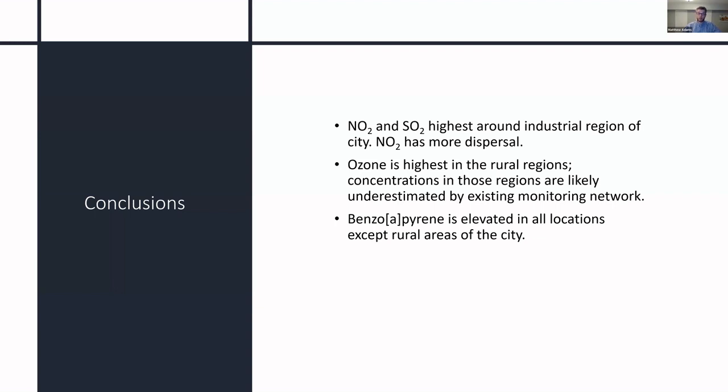Benzo[a]pyrene is maybe a bit more than I would have expected, elevated across all of the locations in urban areas of our city. To contextualize the benzo[a]pyrene exposure around that industrial area, you would be roughly exposed to the same amount as you would be for smoking a cigarette.